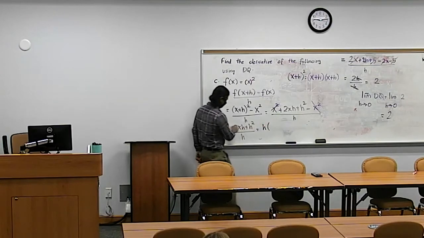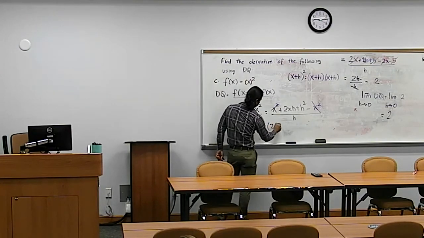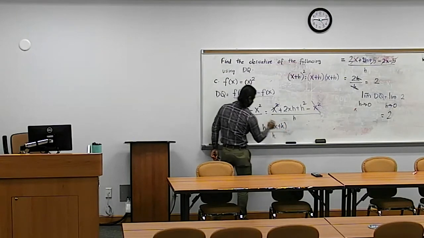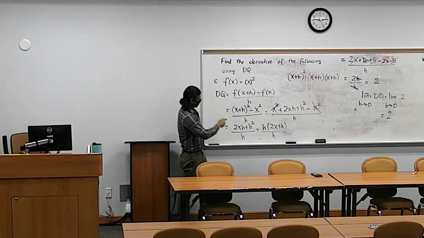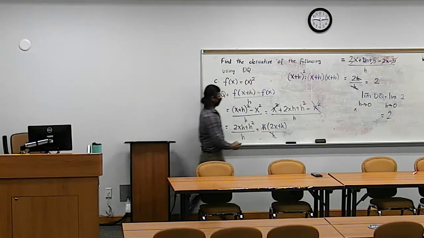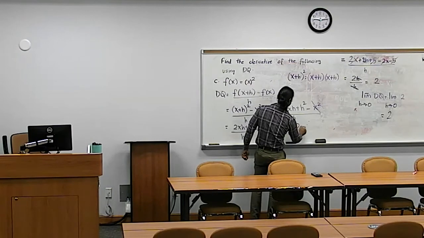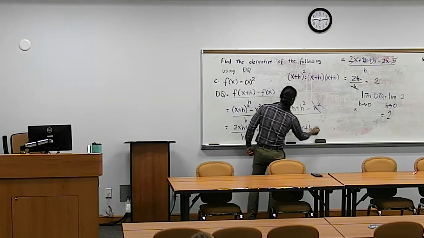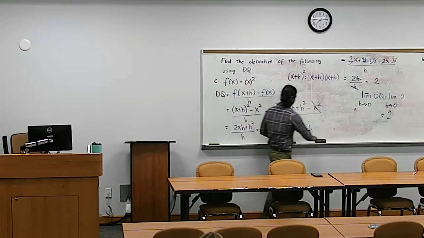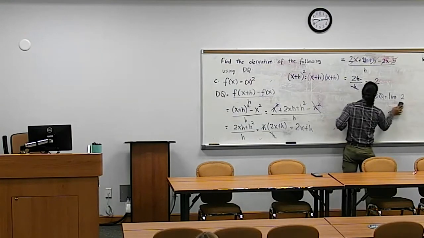If I pull that out, I'd have h times 2x plus h, divided by h. Those two will get cancelled. And we will have 2x plus h.